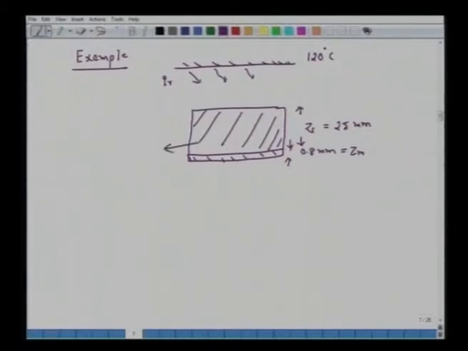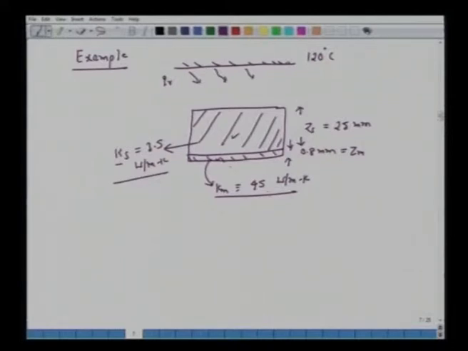The thermal conductivity of the solid, Ks, is 3.5 watt per meter Kelvin. So Km, expectedly, will be very large, 45 watt per meter Kelvin. These are the physical properties of the two solids here.